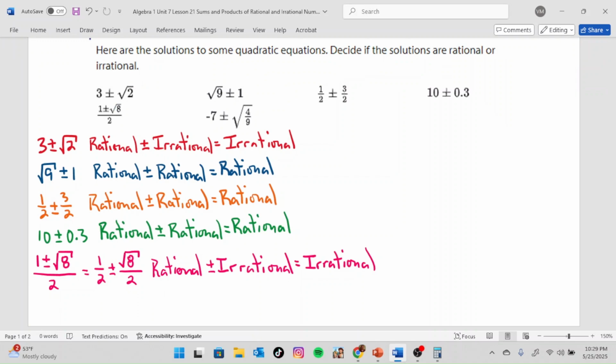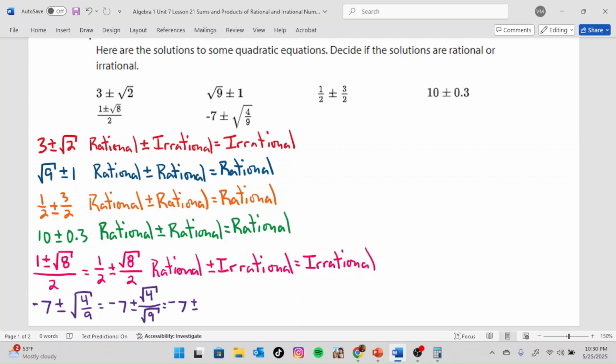And the last one they give us on this problem is -7 plus or minus the square root of 4 over 9. Well, this becomes -7 plus or minus the square root of 4 over the square root of 9, and those are both perfect squares.